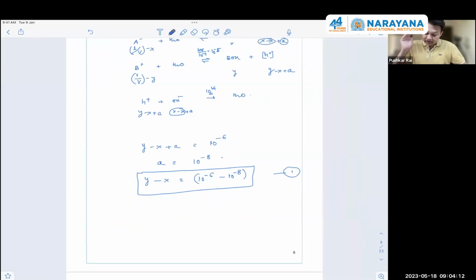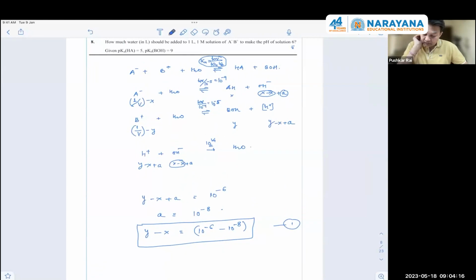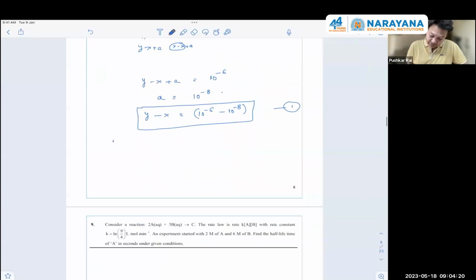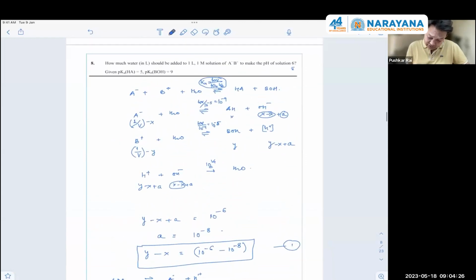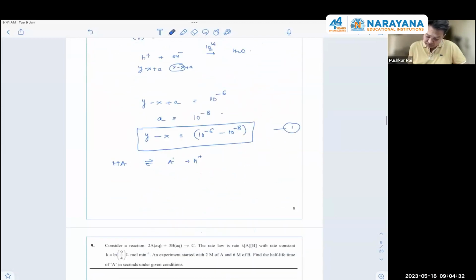And I think this condition is more than sufficient to solve the problem, because now you can take any equilibrium. Let us take the equilibrium of HA. HA is breaking into A negative plus H plus. The equilibrium constant of HA was 10 to the power minus 5.